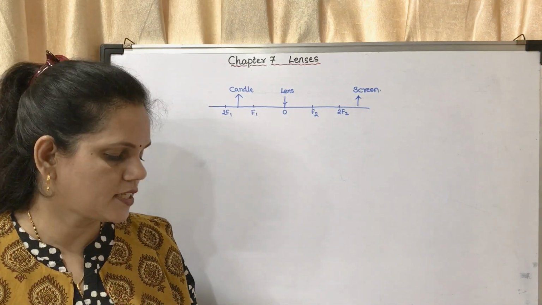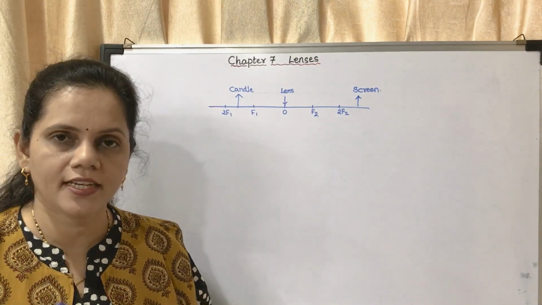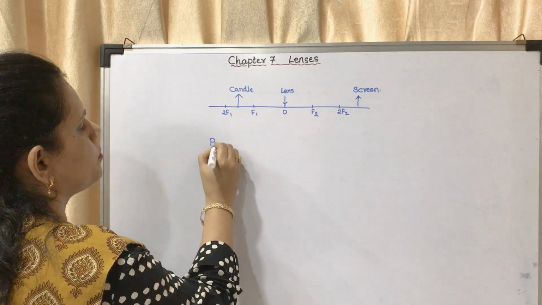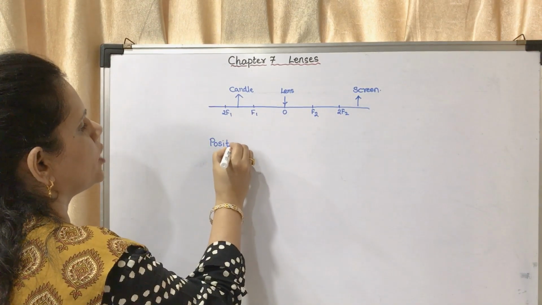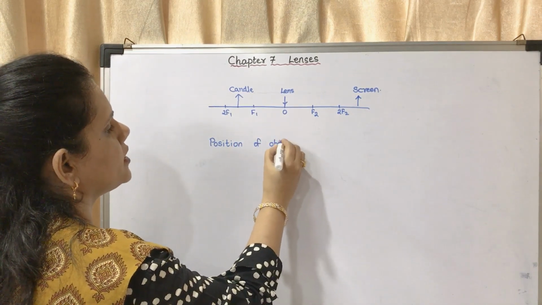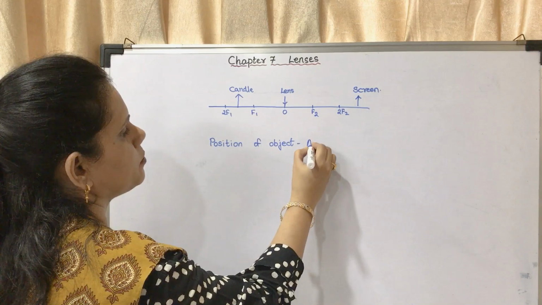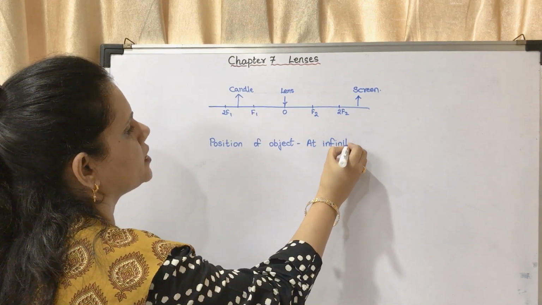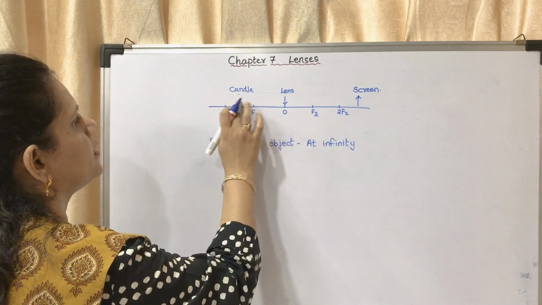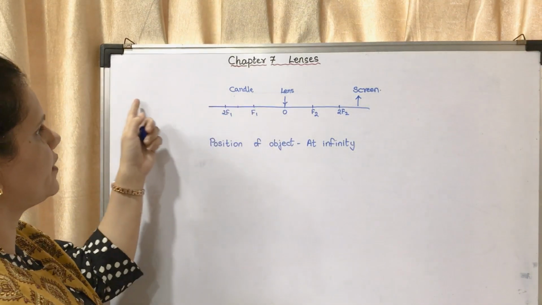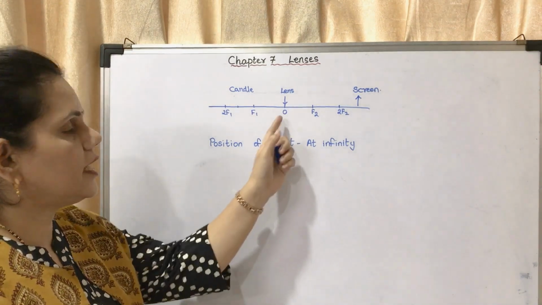So the first condition given in the table is at infinity. That means the position of the object is at infinity. It is not here, it is somewhere far away from the lens.